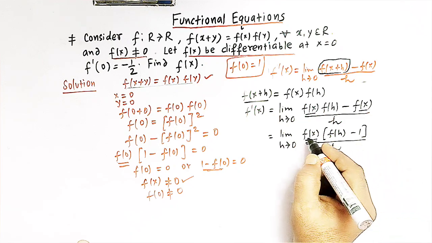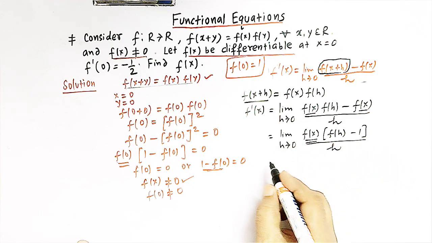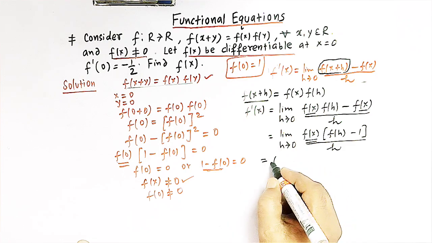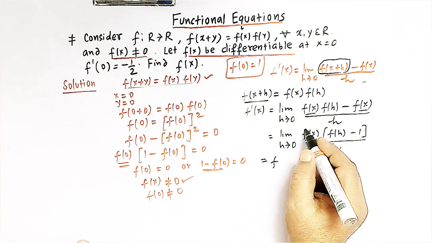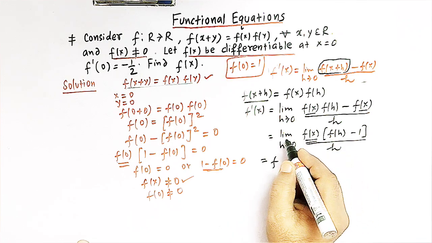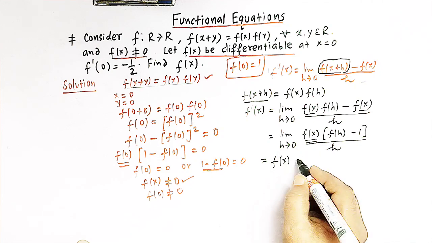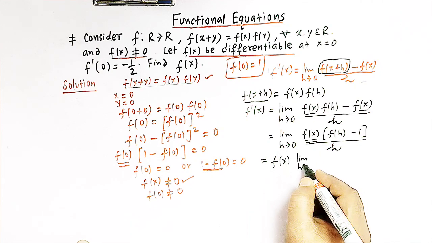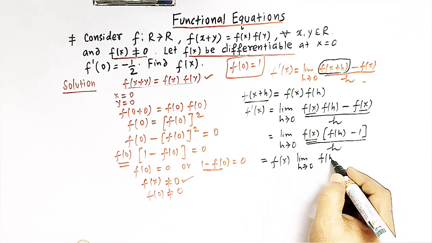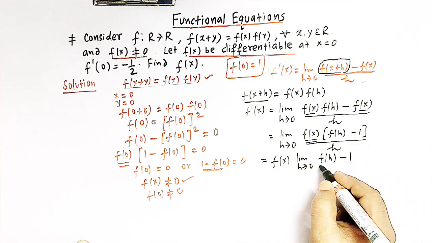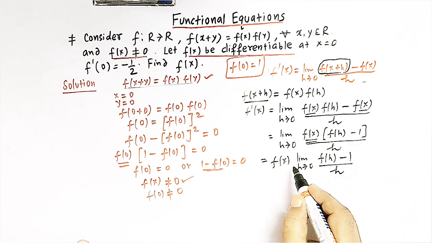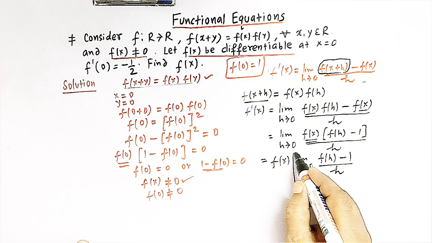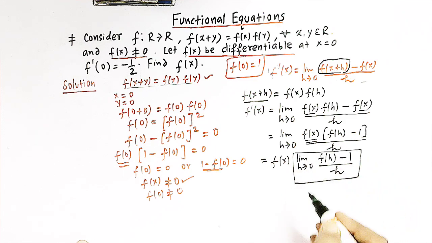Now we can take f(x) in front of the limit notation, because f(x) is independent of h. So we have f(x) times the limit as h tends to 0 of (f(h) minus 1) divided by h. Now let us consider this limit.